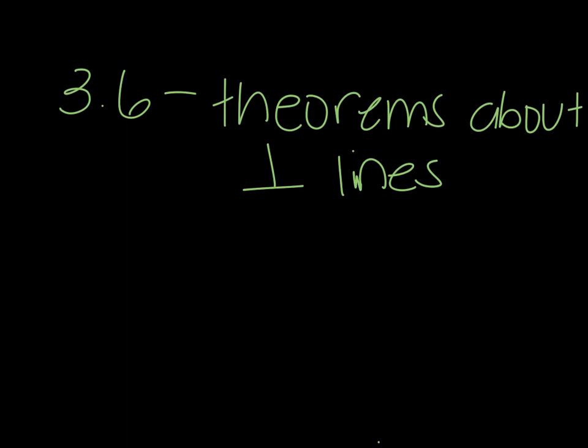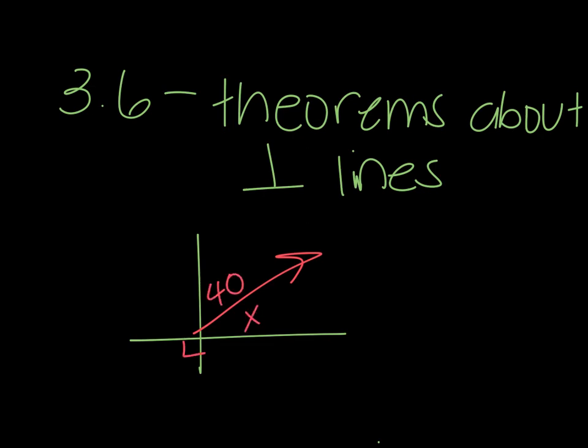If you've got where they're complementary, something like this. So if you had a right angle here and this was 40 degrees, could you tell me what x was? That kind of thing. Or you'll use the information in your proofs, okay? Like if you're trying to prove lines are parallel and they're both perpendicular to the same line, then you can use your perpendicular theorem that said that if two lines are perpendicular to the same line, they would be parallel.